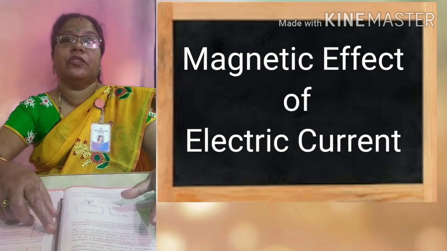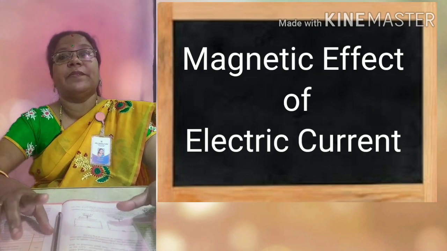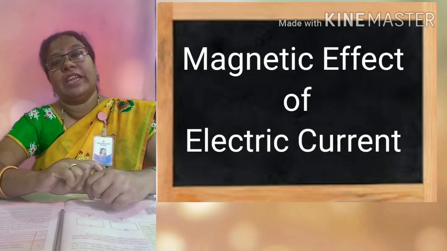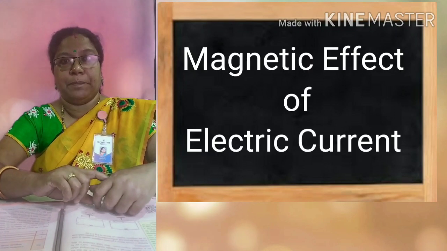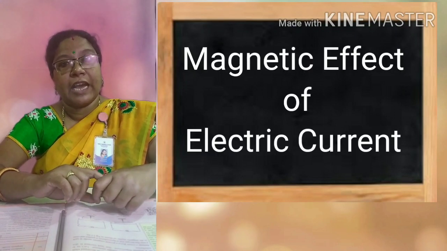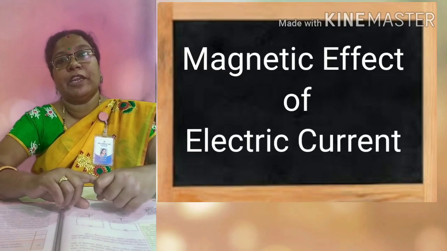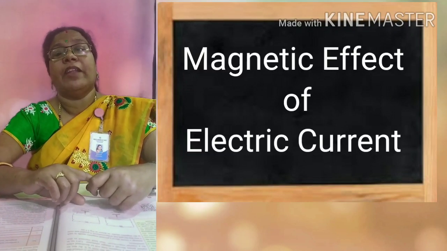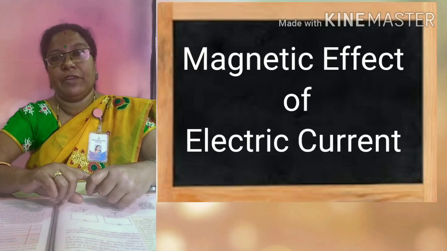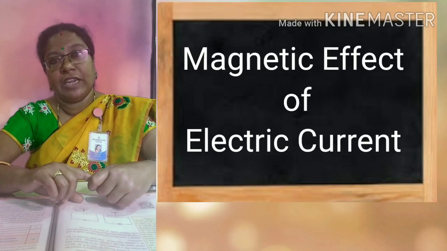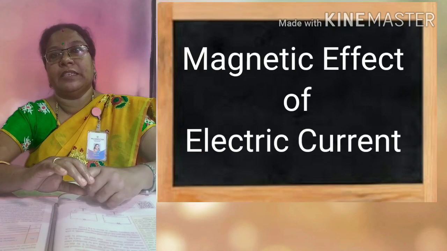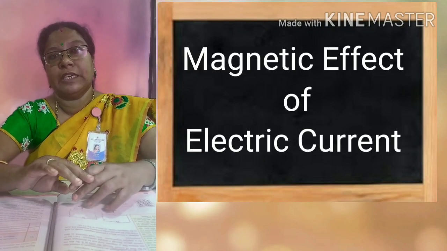The video that you saw, the first video shows the magnetic field around a straight conductor. That is, when electric current passes through a straight conductor, a magnetic field is produced around that straight conductor. Then what is the shape of that magnetic field? The shape of the magnetic field is concentric circles. You have studied about concentric circles.